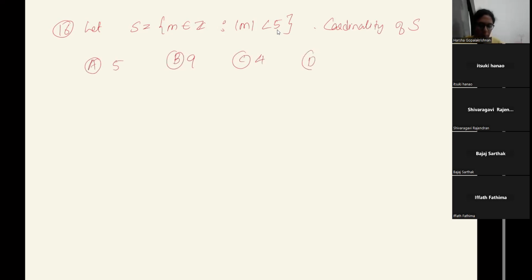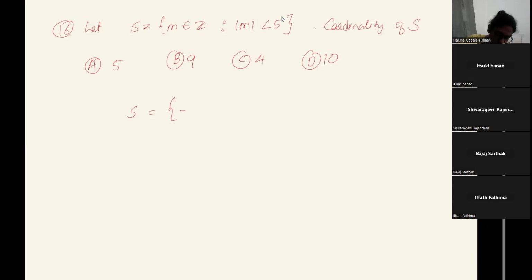What is the answer? B. 9. Yeah. So the question is the set of all elements in the set of all integers whose modulus value is less than 5. So what are all such elements? -4, -3, -2, -1, 0, 1, 2, 3, 4.